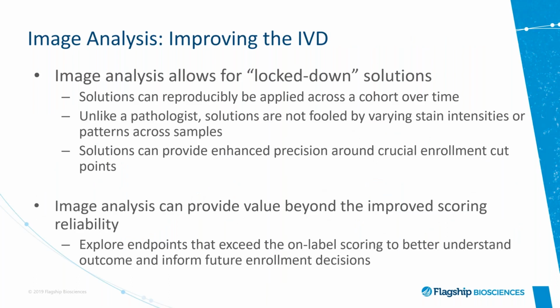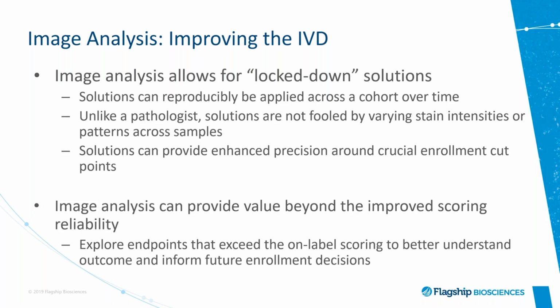Image analysis allows us to improve the IVD by allowing us to develop locked-down solutions and thereby increase the reproducibility and also eliminate the human error associated with the pathologist's interpretation. It is particularly crucial that this error is reduced around the cutoff point that determines patient enrollment in a treatment or not.